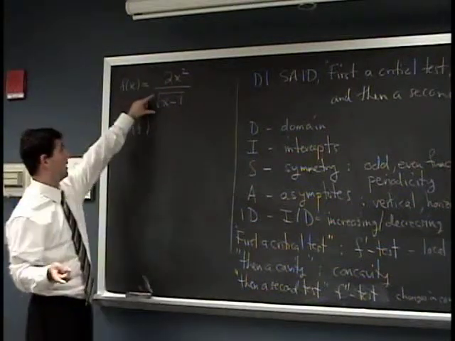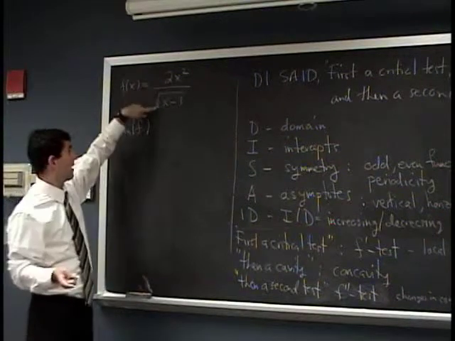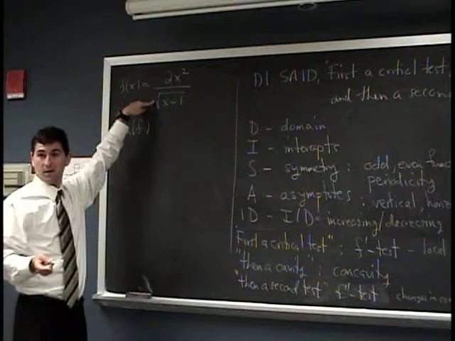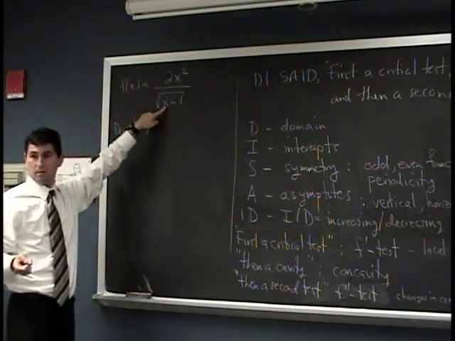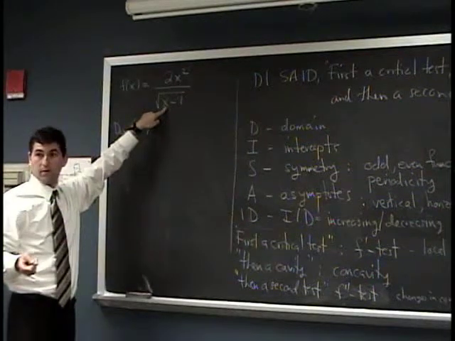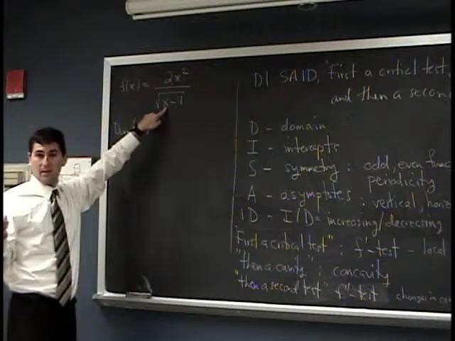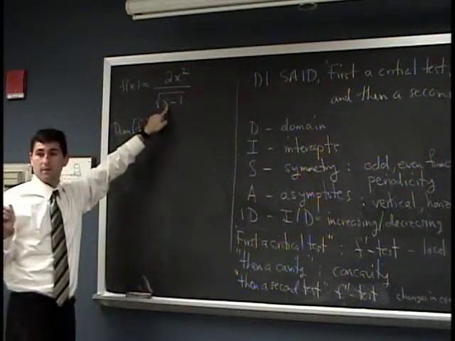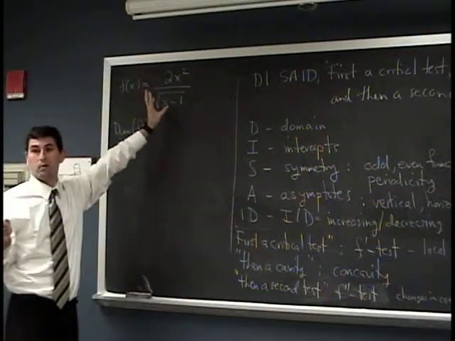I have two problems here. I have a square root, so I could get negatives, and I have a denominator, so I don't want it to be 0. What does the square root tell me? My x has to be greater than or equal to 0, just from the square root. But if x were equal to 1, then I would get a 0 in the denominator, so I have to throw out 1 as well.